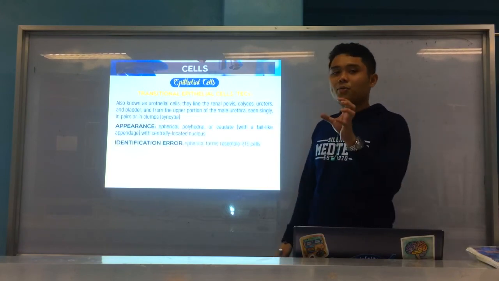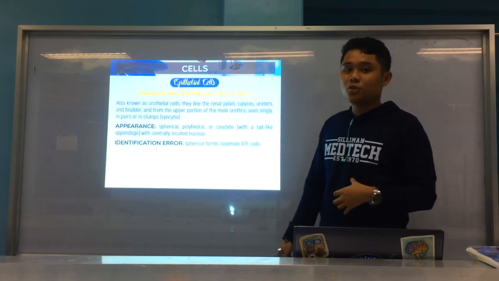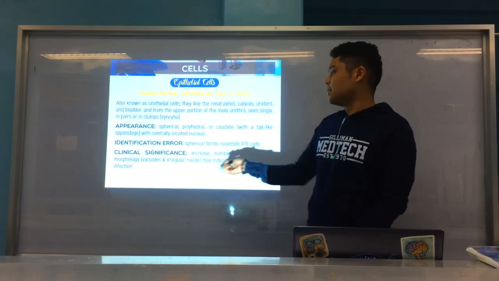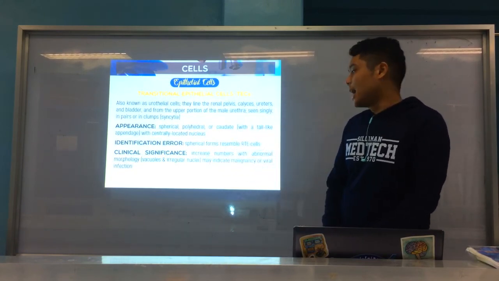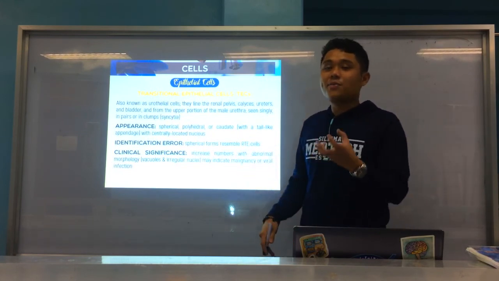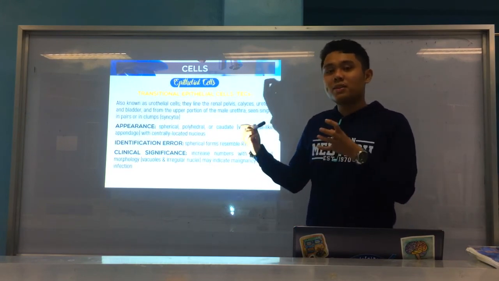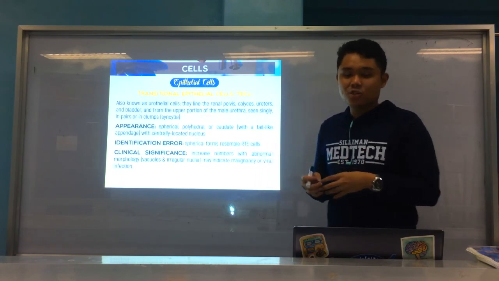Identification error: the spherical forms may resemble an RTE, or renal tubular epithelial cell. And clinical significance: increased numbers with abnormal morphology are seen in malignancy or viral infection. And under invasive procedures, for example catheterization, as it passes through the urethra toward the bladder, that could lead to the shedding of many transitional epithelial cells.